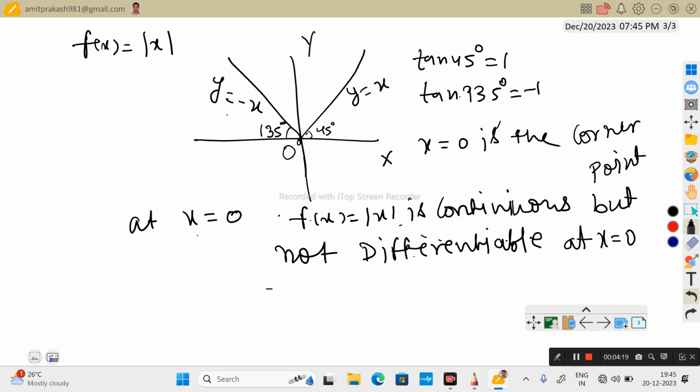So there is no unique tangent at x equals 0. So f(x) equals mod x is continuous but not differentiable at x equals 0. Why continuous? Because there is no gap, there is no break in the graph.